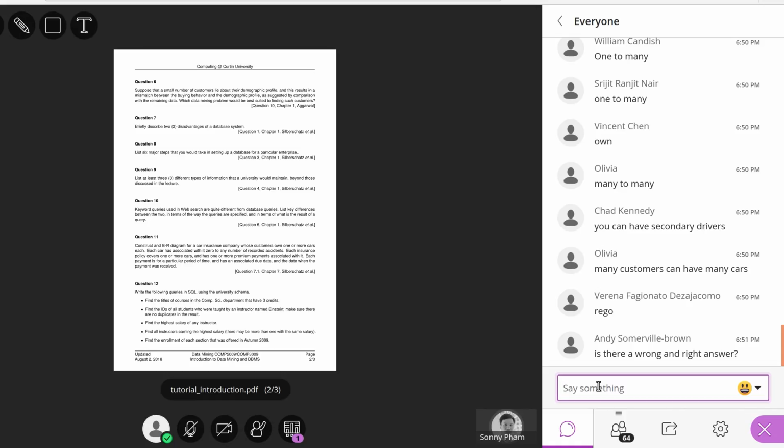The relationship between the customers and cars is own, right? A customer owns a car, from the information given in the question here. So that one is own, and then you can have a number of customers own more cars.